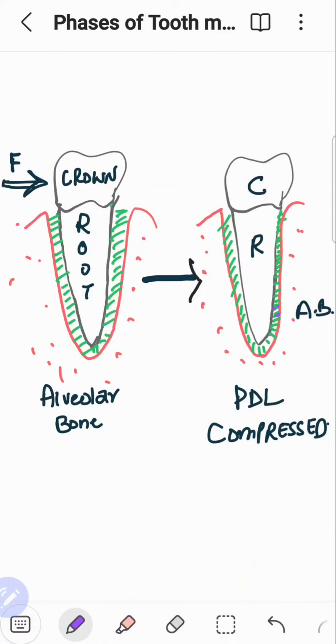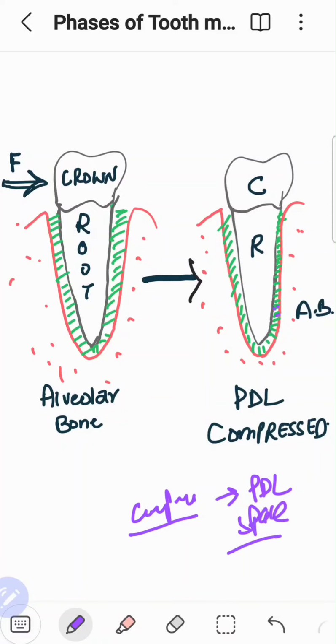But in the next 2-3 seconds, the PDL fluid is expressed and the tooth moves within the PDL space itself. Now, there is another thing. There are certain blood vessels present in the PDL space.